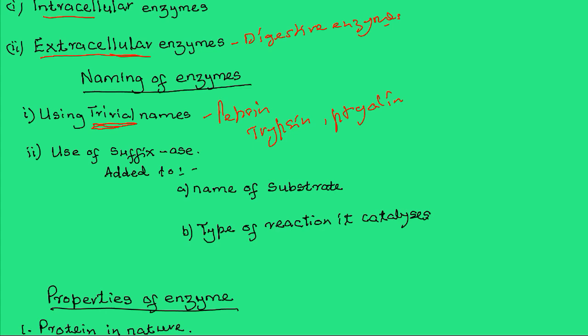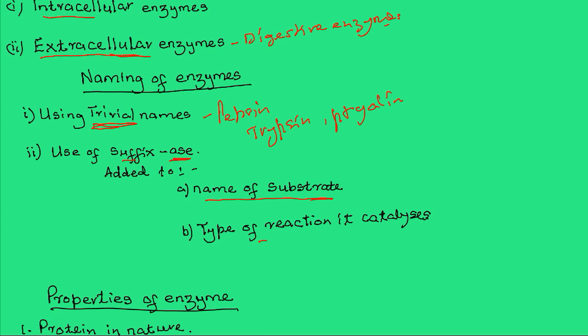These are trivial names that, though still in use, those particular enzymes have been given modern names that use a system of attaching a suffix "ase" either to the name of the substance upon which the enzyme works, or the type of reaction that the enzyme catalyzes.